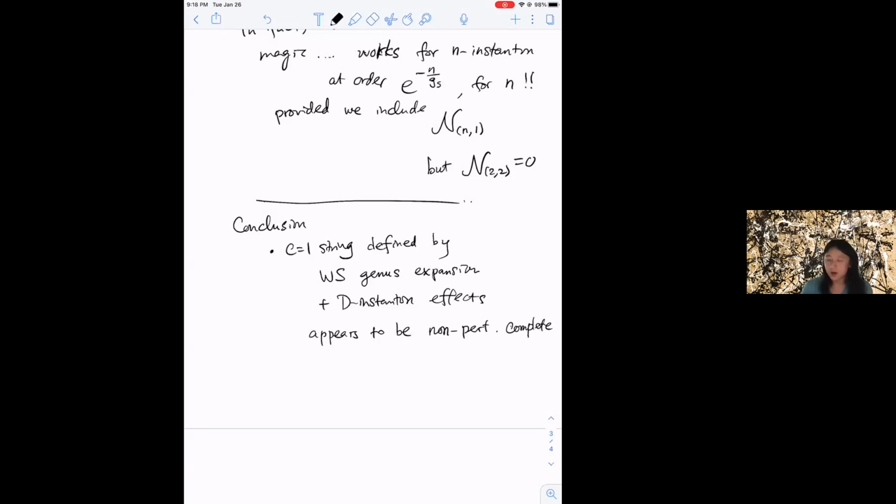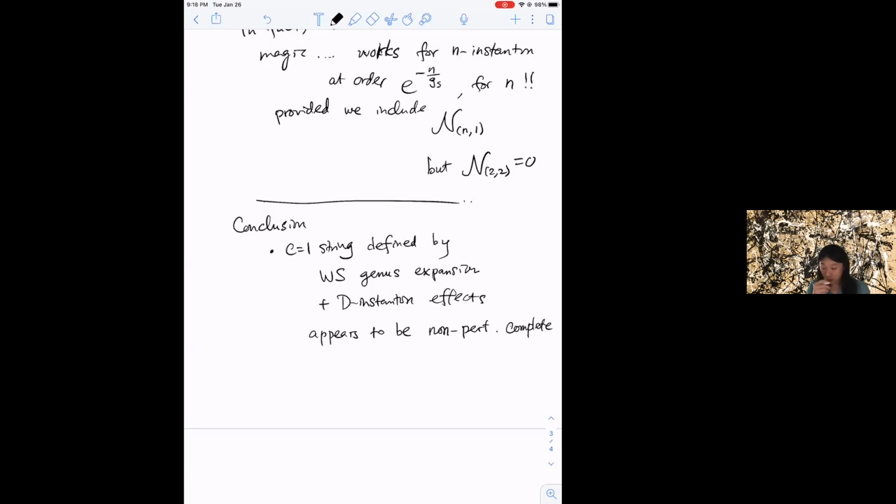Of course, we're very far from actually demonstrating this in full, because at each instanton order, there's still an infinite sequence of perturbative corrections, and on top of that we only computed for the one instanton case. So there's a lot more to be understood, but at least there's very strong evidence in my view that this should work out.